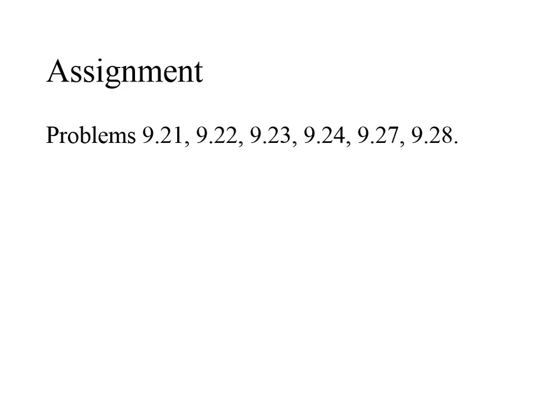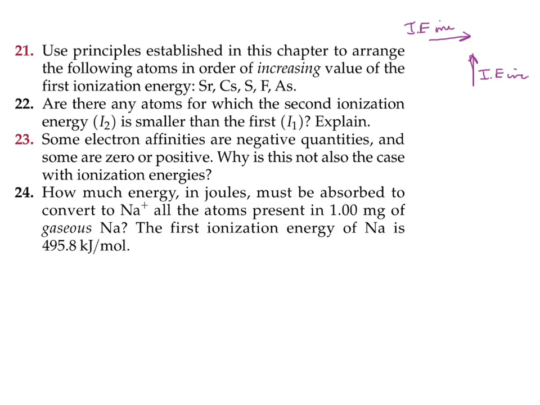For the first one, I would find these 5 elements on the periodic table and just eyeball them with regard to ionization energy, and rank them in order of increasing ionization energy. Nothing tricky there. You don't have to look them up. Just use the periodic table.